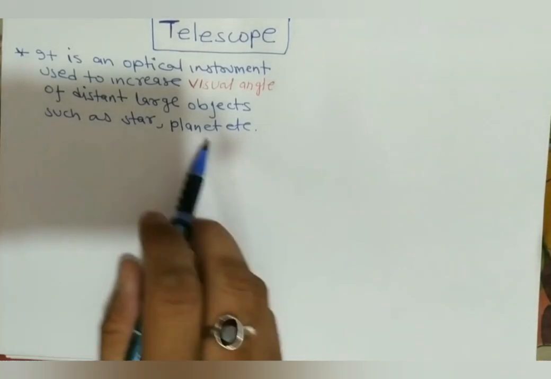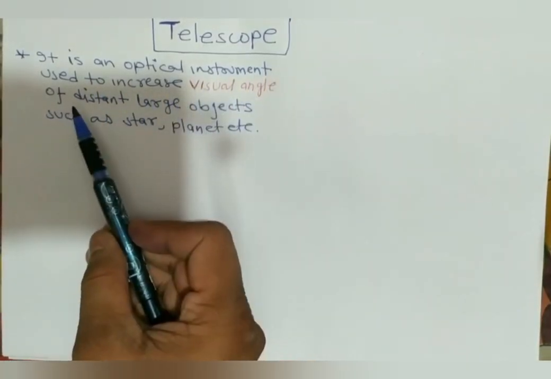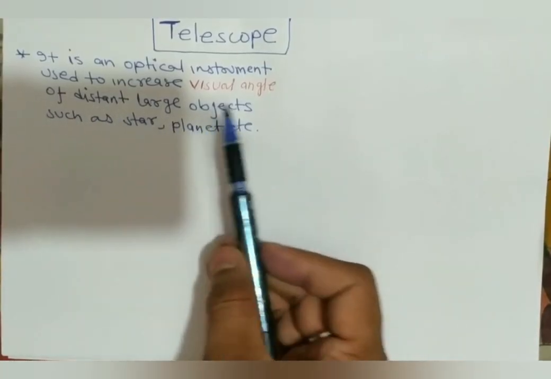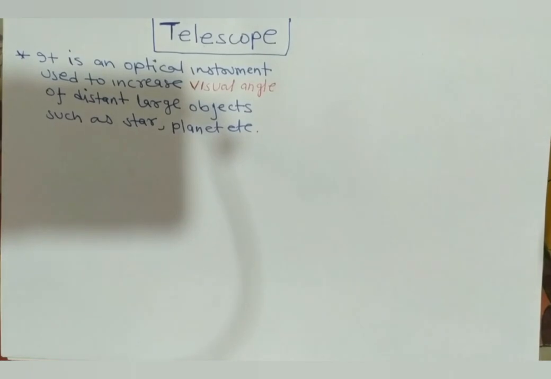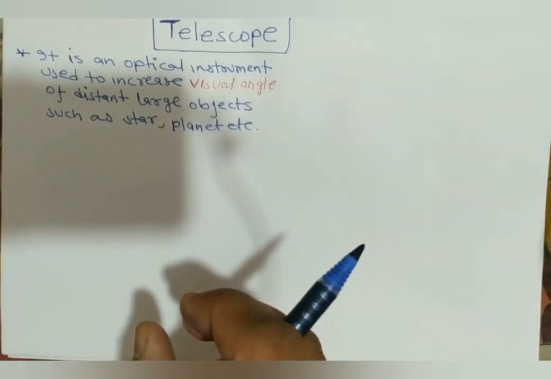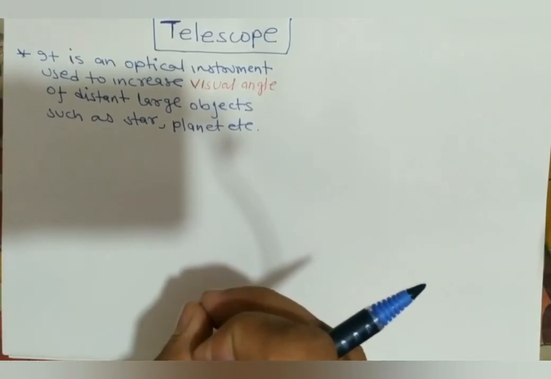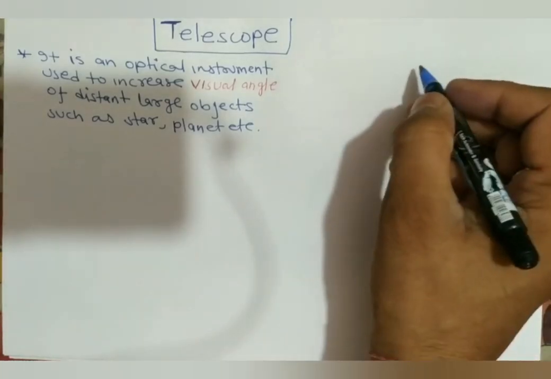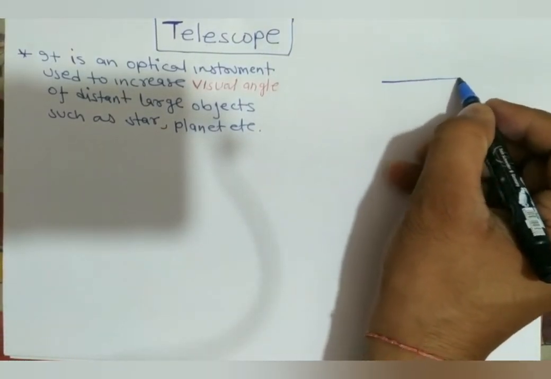As we know, a telescope is an optical instrument used to increase the visual angle of distant large objects such as stars, planets, etc. As discussed in the microscope, telescope and microscope both increase the visual angle, right? Again I discuss here the basics of visual angle.